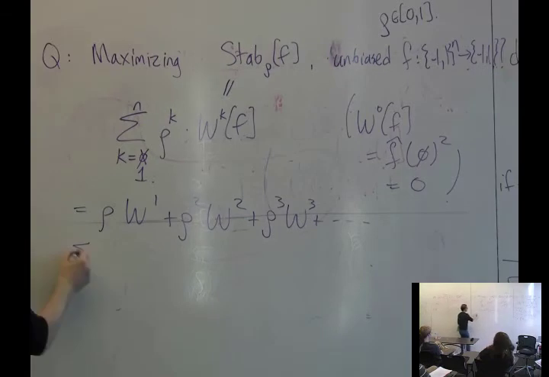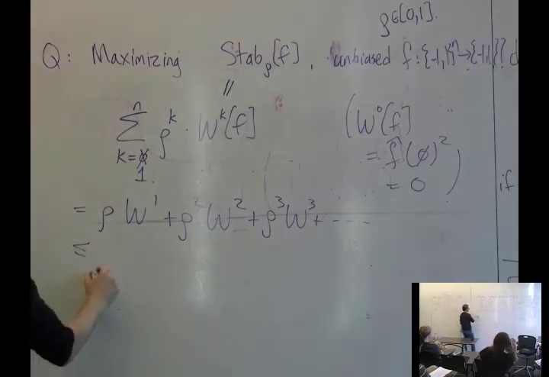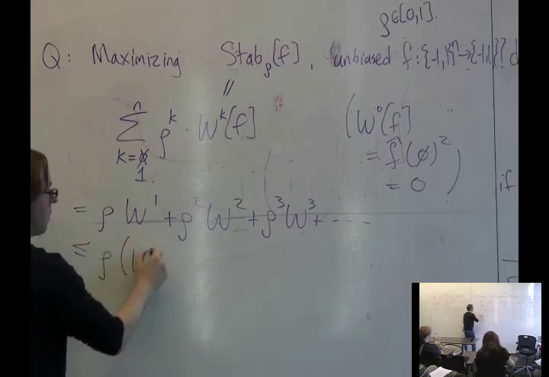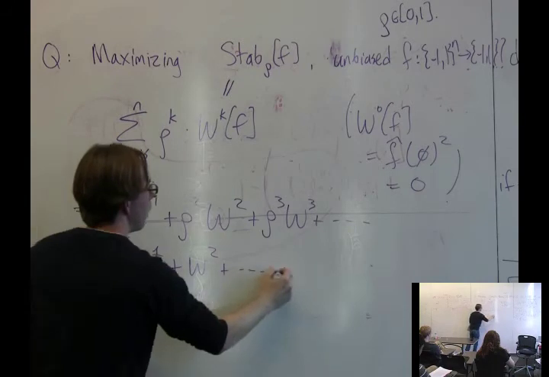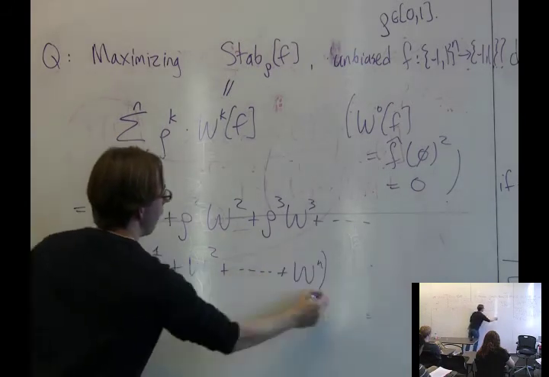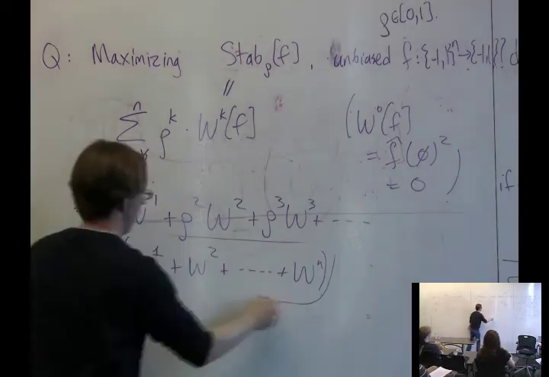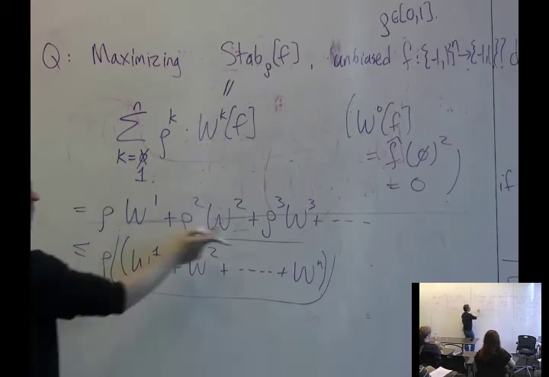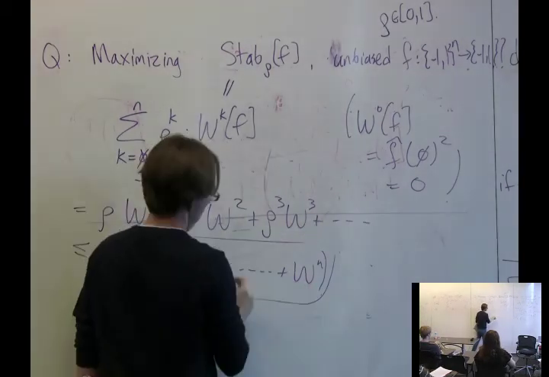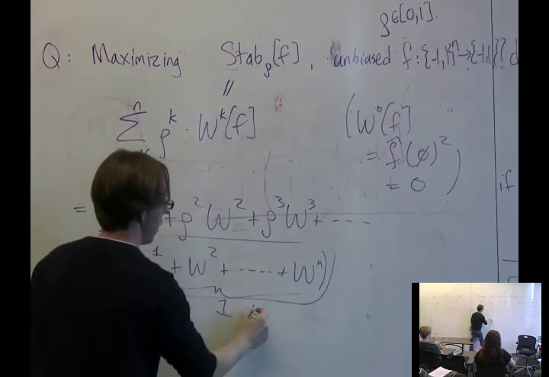And this is at most, I mean, rho squared is smaller than rho, and rho cubed is smaller still. So this is at most rho times the weight at level 1 plus the weight at level 2 plus up to the weight at level n. And this whole quantity, the sum of all the weights except for the empty one, but that's 0 anyways, is 1 by Parseval.